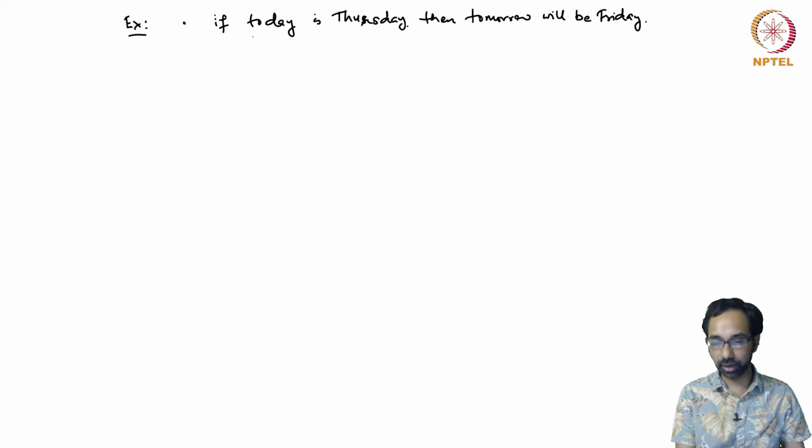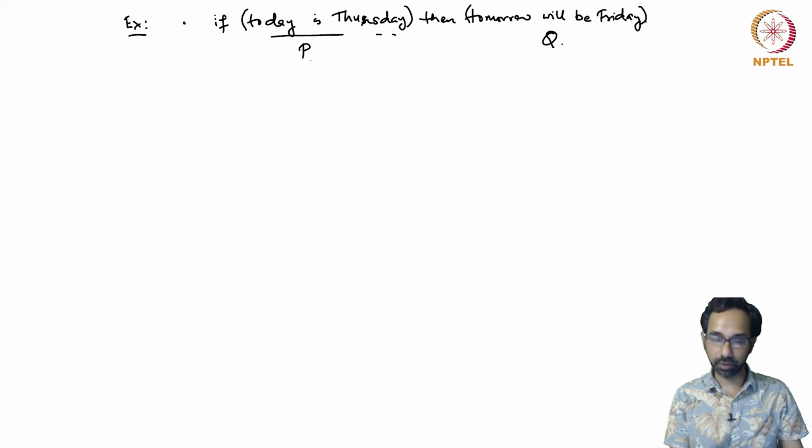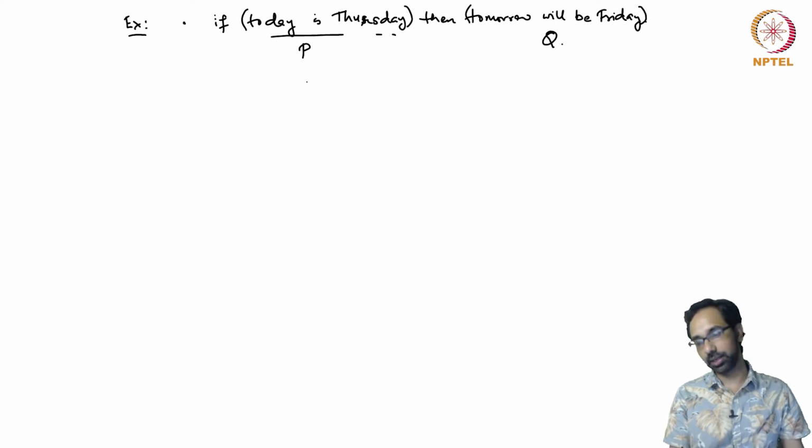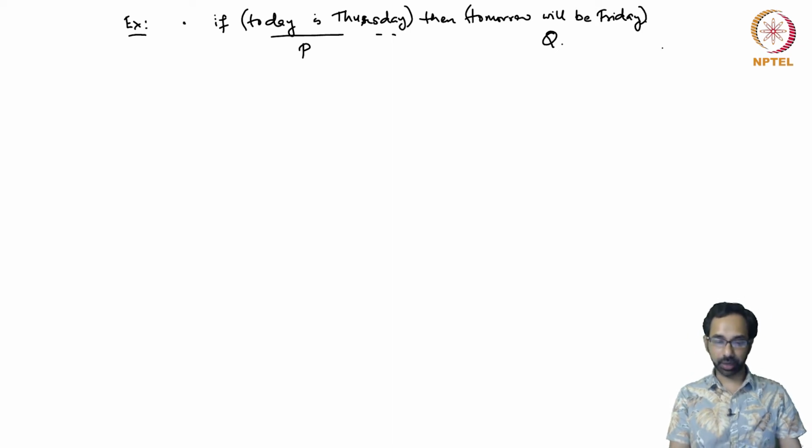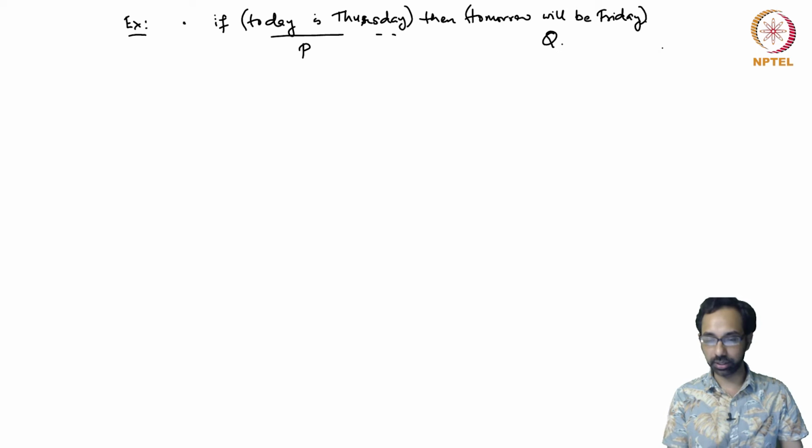This part is our P here, and this part is our Q. So whenever P holds, whenever today is Thursday, then Q will hold, which means that tomorrow will be Friday. These if-then statements are used in mathematical logic almost all the time, and so it's important to know what these mean.